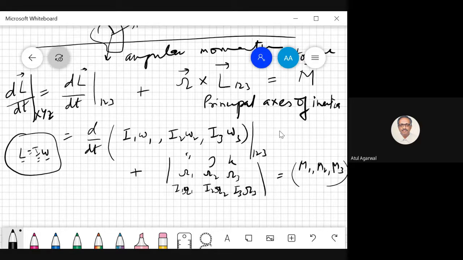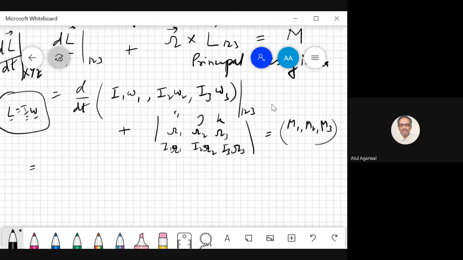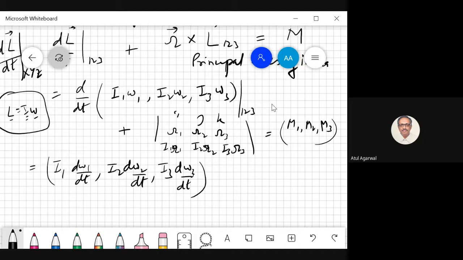Now what is this term? You see, since the coordinate system is embedded in the rotating body, I1, I2, I3 are constant with time. This thing you expand as before.